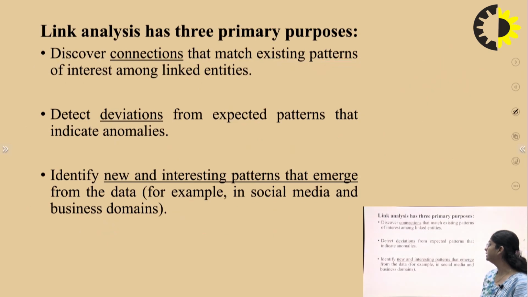Next, link analysis has 3 primary purposes. One is to discover the connections that match the existing patterns of interest among linked entities, and detect deviations from the expected pattern that indicate anomalies. Next is identifying new and interesting patterns that emerge from the data.